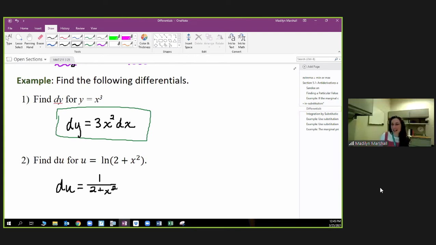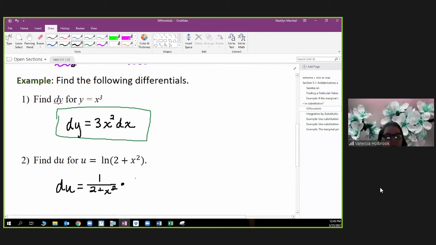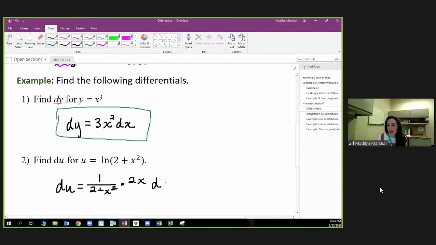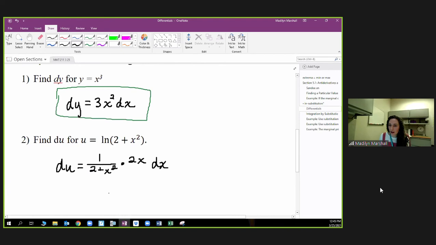And then we have the derivative of the interior. 2x, exactly. And dx at the end. So that was the derivative of the exterior, which is the natural log, times the derivative of the interior.